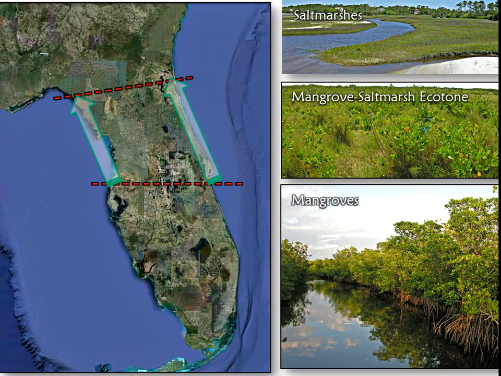So anyway, there's this 2 degrees of latitude where we have this ecotone. And we're studying what is causing these mangroves to shift. We obviously think it's temperature. And what are the consequences of that?